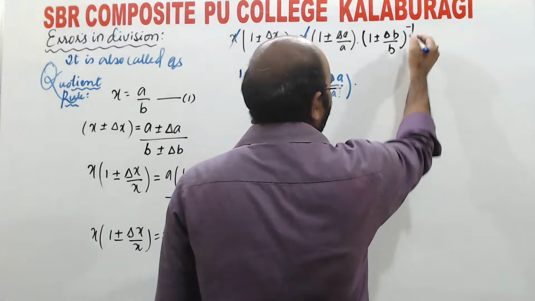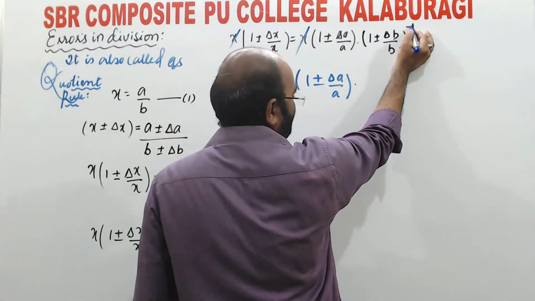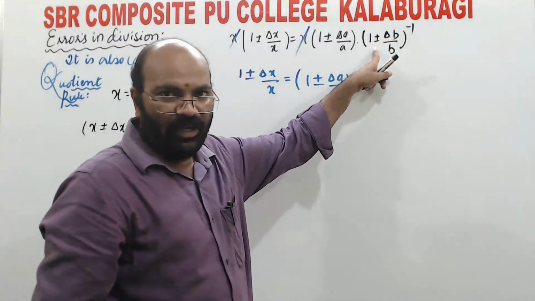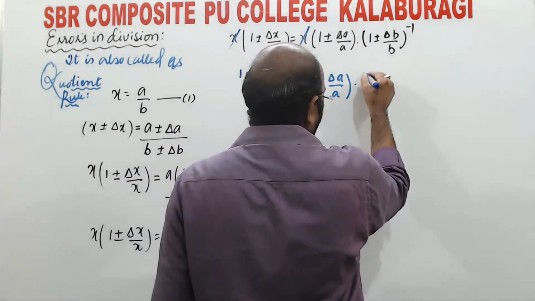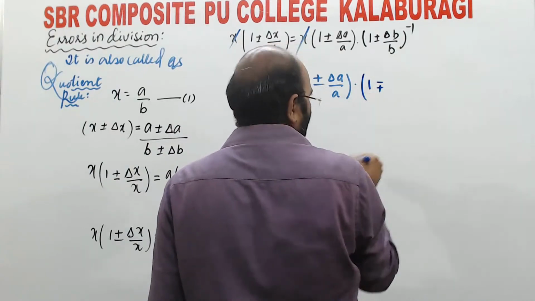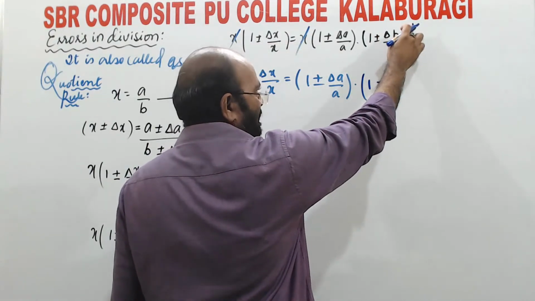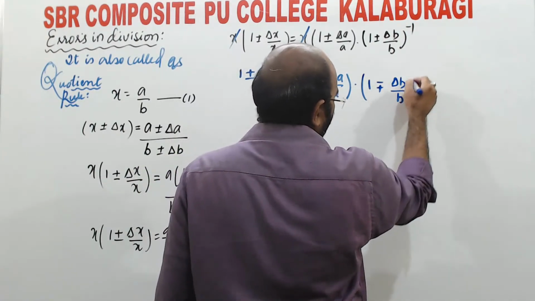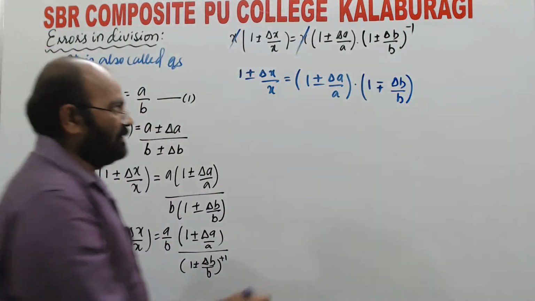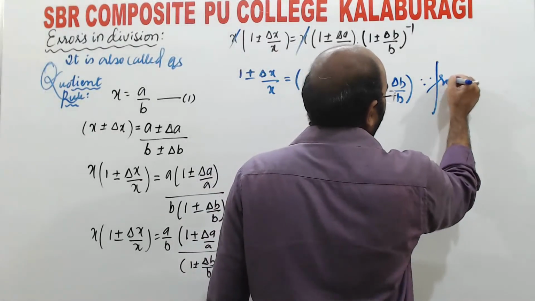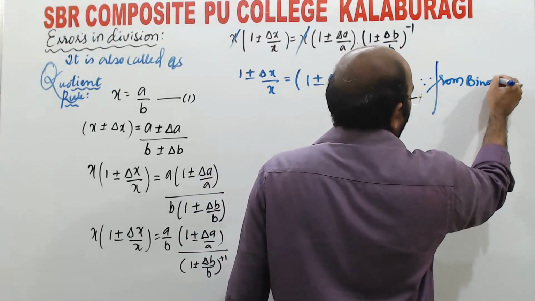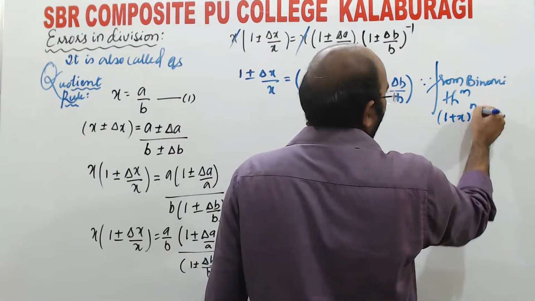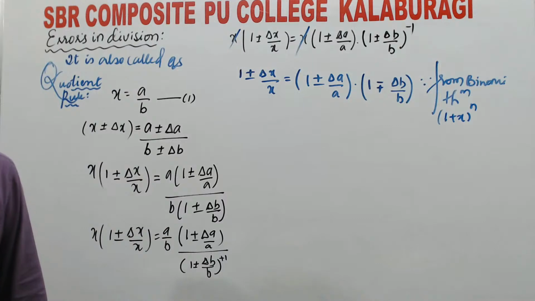According to the binomial theorem, the sign of the power is what you replace over here. From the binomial theorem, 1 minus or plus, because the plus is replaced by minus, and minus into minus becomes plus, delta b by b. The binomial theorem is 1 plus x to the power n.